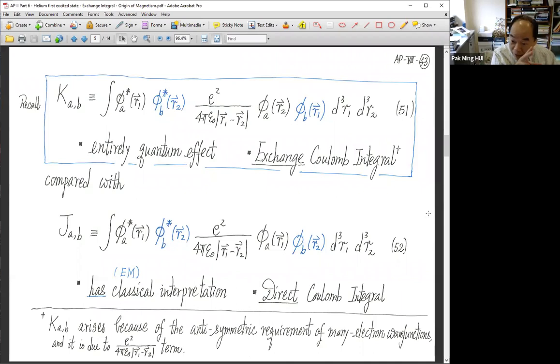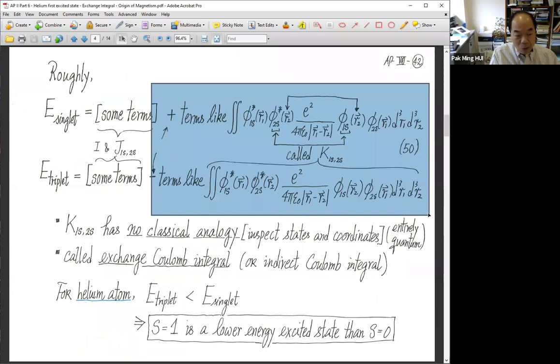If we see that, we can interpret that term as a probability density according to Max Born's interpretation of the wave function. However, we don't see it here. It is entirely a quantum consequence. But that determines whether spin singlet or spin triplet is the lower energy excited state for helium atom.